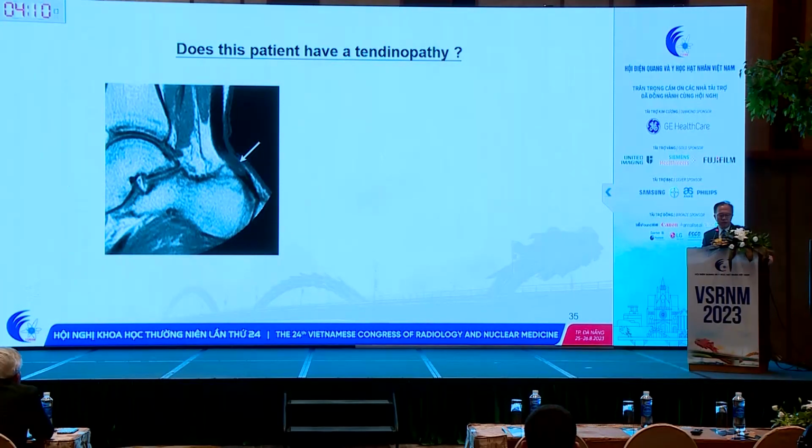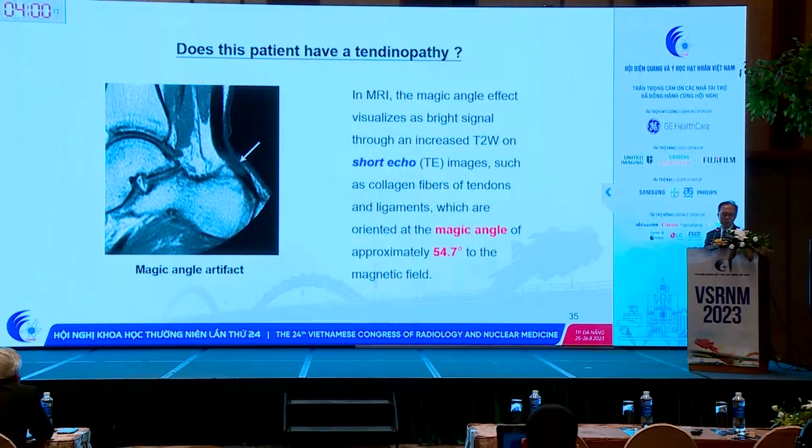So how about MR imaging? MR imaging more commonly shows tendinopathy in proton density images because of the magic angle. So in practice, just use the heavily T2 image, that is the spin echo over 80 milliseconds, for diagnosis of tendon or ligaments.